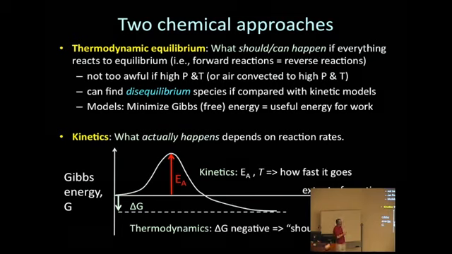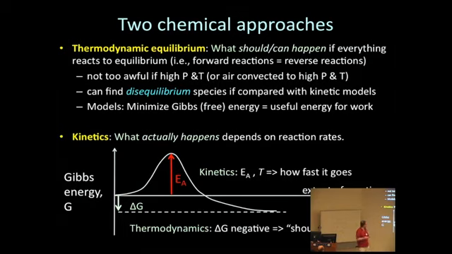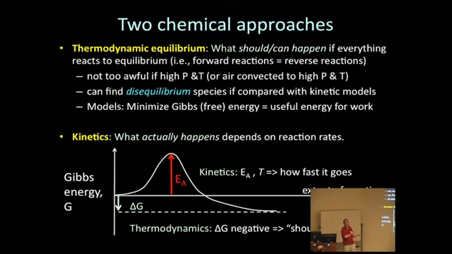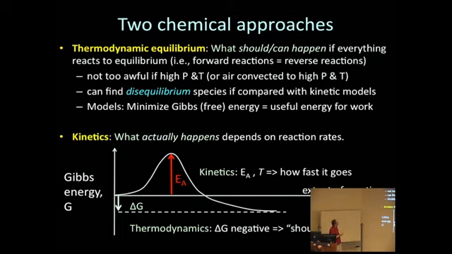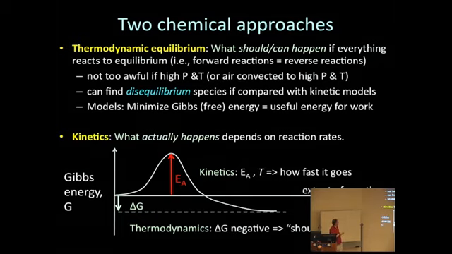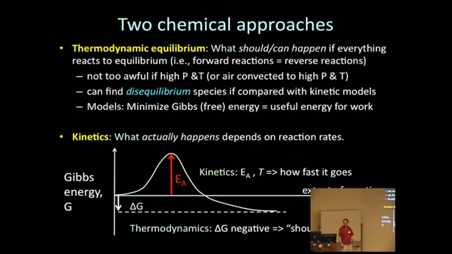You can also, by comparing the equilibrium model with reality, or with the kinetic model, figure out what species are in disequilibrium, and that might tell you something profound, perhaps, about either the circulation or the chemistry or something else. And these models basically minimize Gibbs free energy. Gibbs free energy, if you can't remember your chemistry, is useful energy to do work, as opposed to thermal energy dispersed in this floor, which is pretty difficult to extract to do useful work.